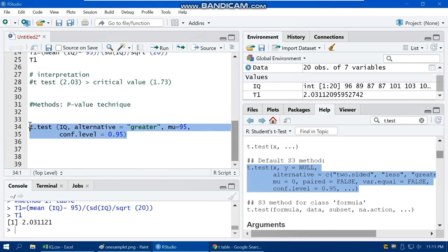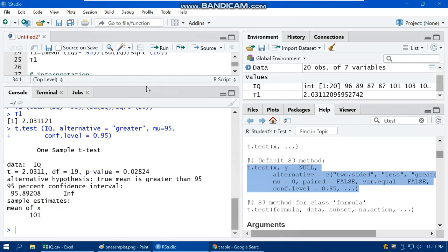So I select both of these lines and then click run. So you can see we get the same value for the t, right? So that we used just the formula, plugging in values. R automatically gives us these values, and also automatically identified that this is a one-sample t-test. The t value is 2.03.